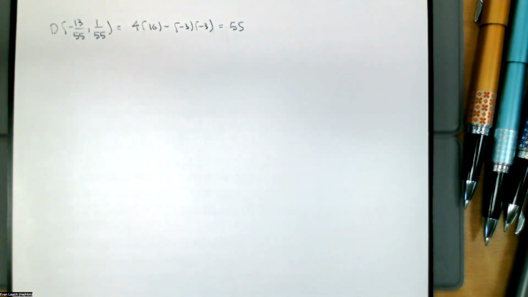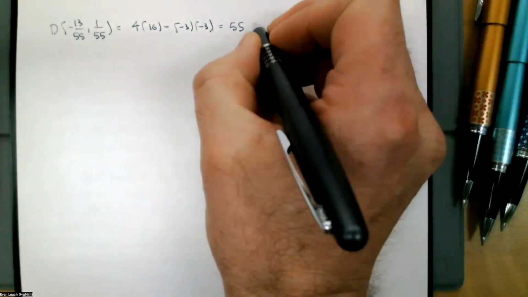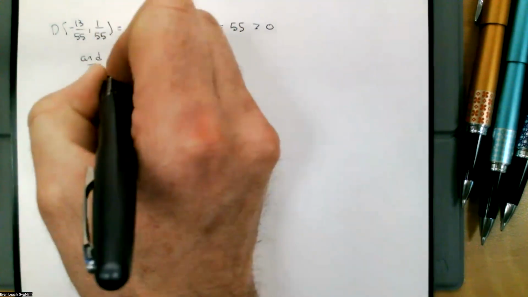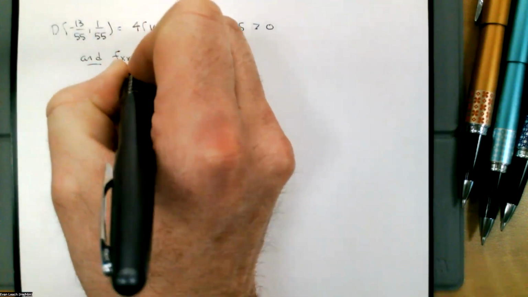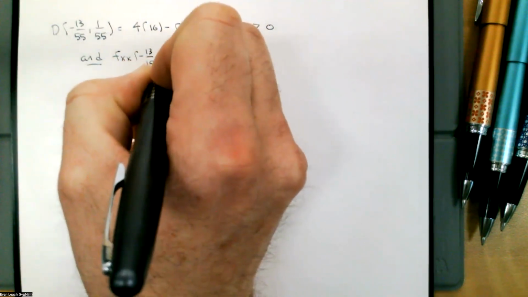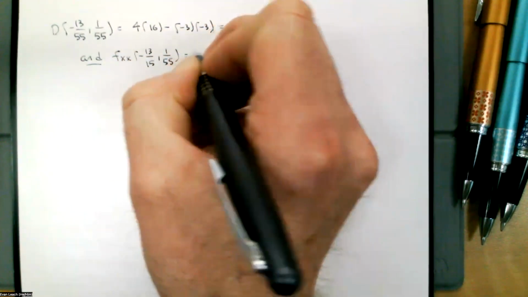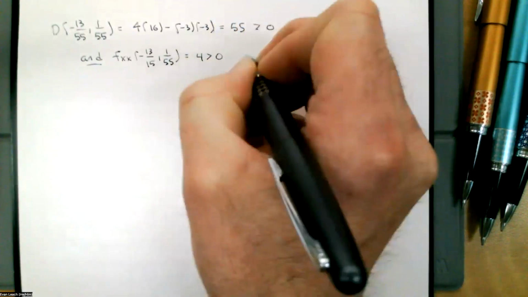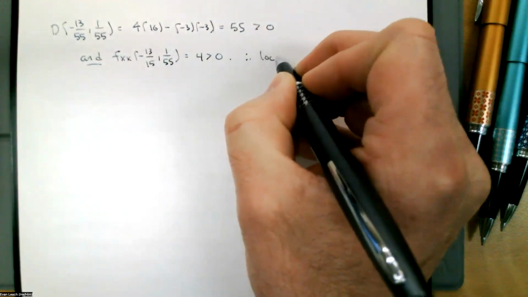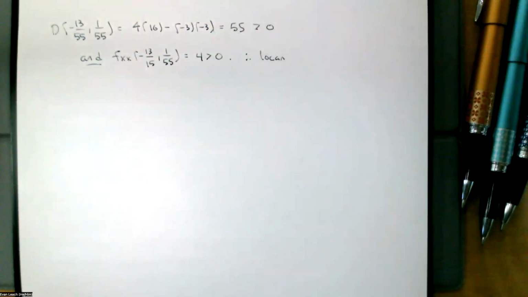The determinant of the Hessian matrix is positive and fxx at this point is also positive. Therefore, we can conclude that we have a local minimum.